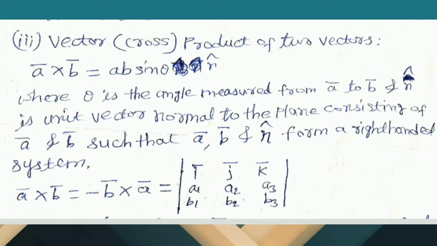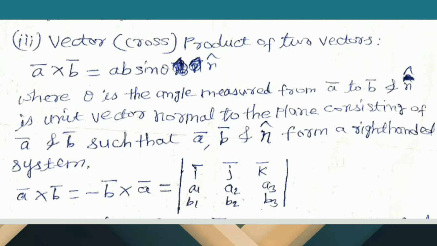Here theta is the angle measured from a bar to b bar, and n cap is the unit vector normal to the plane consisting of a bar and b bar, such that a bar, b bar and n cap form a right-handed system, and a bar cross b bar is equal to minus b bar cross a bar, which is equal to the determinant with rows i bar, j bar, k bar; a1, a2, a3; b1, b2, b3.